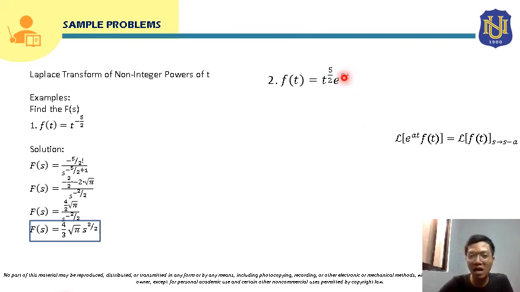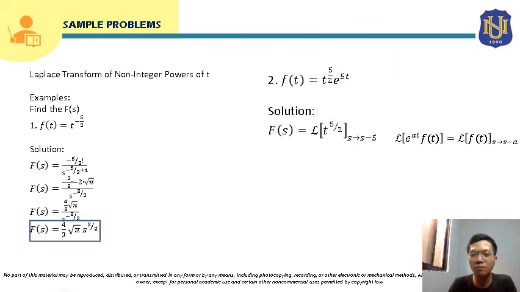So here we are going to use the first shifting theorem instead, since we have here e raised to 5t. Using the first shifting theorem, we are just going to solve for the Laplace transform of the function that is combined with e raised to 5t, which is t raised to 5 halves.